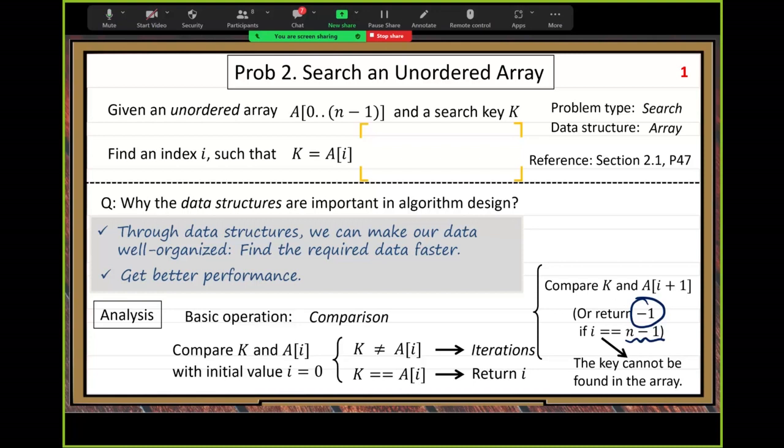So the algorithm I put here is called a sequential search or linear search. Sometimes people call it sequential search, sometimes linear search. The same thing.